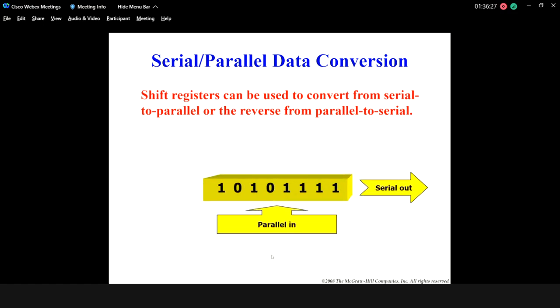And then the reverse: a lot of data comes in parallel at a single point, but the output is given out as a series.